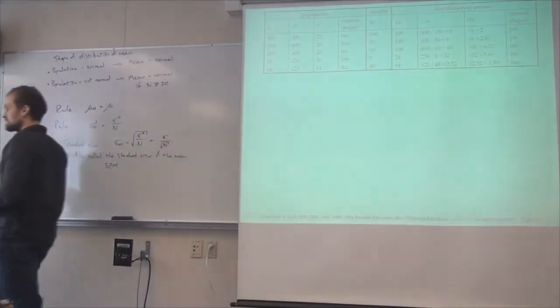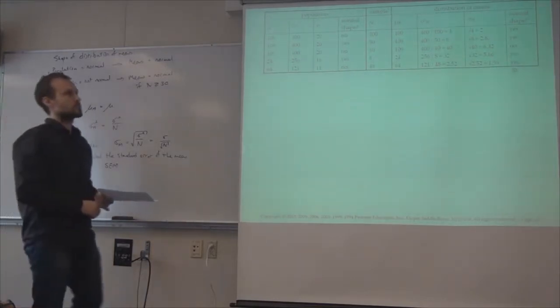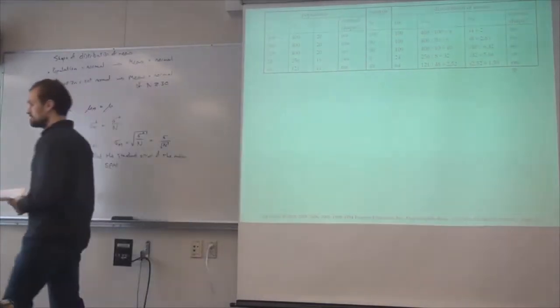The distribution of means is not normal, and then I have to do something else. That's the only exception. If I have a normal distribution and a small sample, it doesn't matter. Distribution of means is still normal. If I have the population that's not normal, it comes from something else, if my sample size is big enough, the distribution of means will have a normal shape.